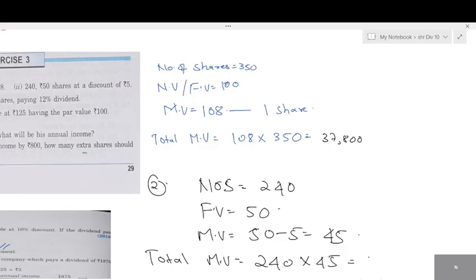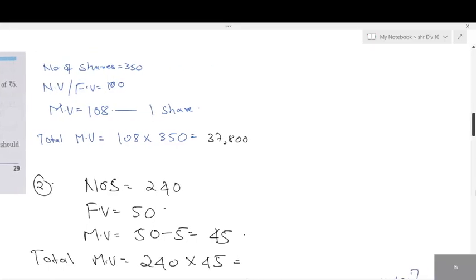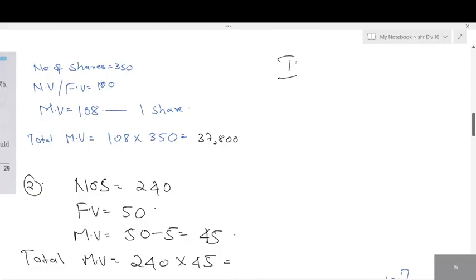Done? Completed? Okay. In the same question, students, what if I ask for investment? How do you calculate investment? M is given here. Do you use market value or nominal value? Market value. Market value into number of shares.